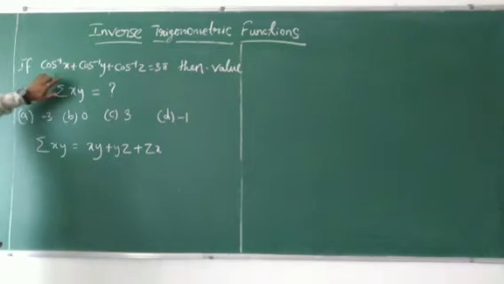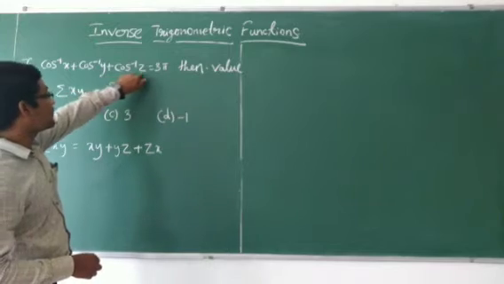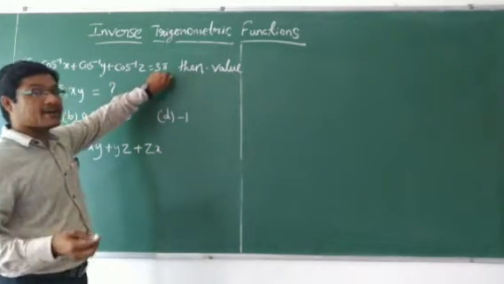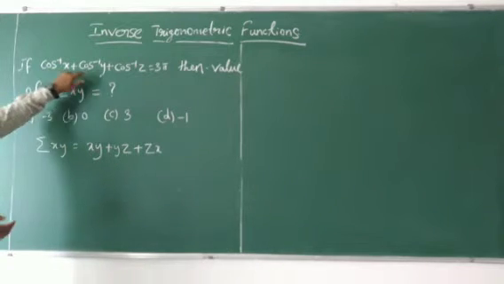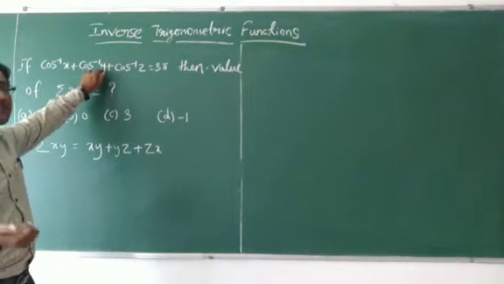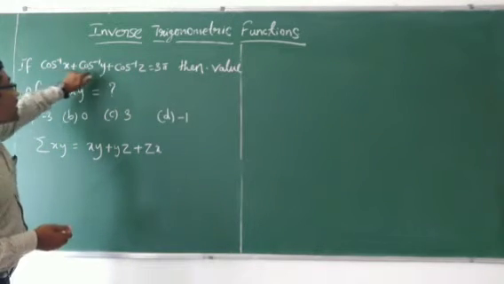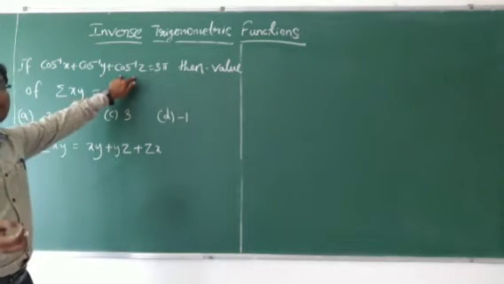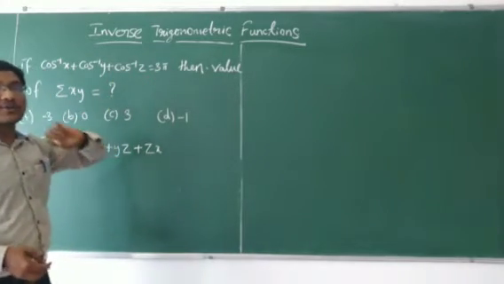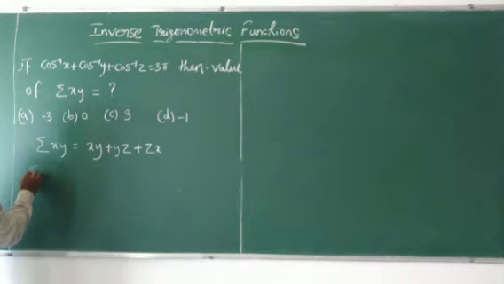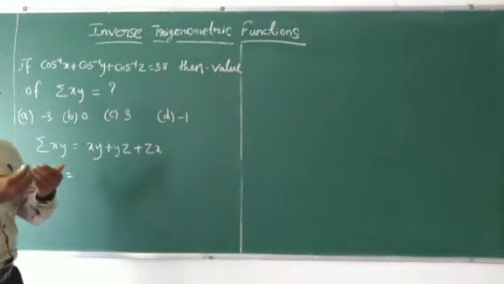Now look at the equation that is given. Cos inverse x plus cos inverse y plus cos inverse z is equal to 3 pi. What is the maximum value of cos inverse x? Pi. The maximum value of cos inverse y is pi. Again this maximum value is pi. If we take the maximum value of these three terms, which is pi, and take the sum, you get 3 pi. So only the maximum value you can consider, we cannot consider less than that.